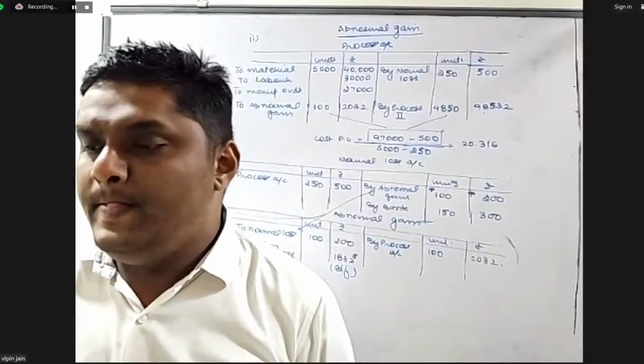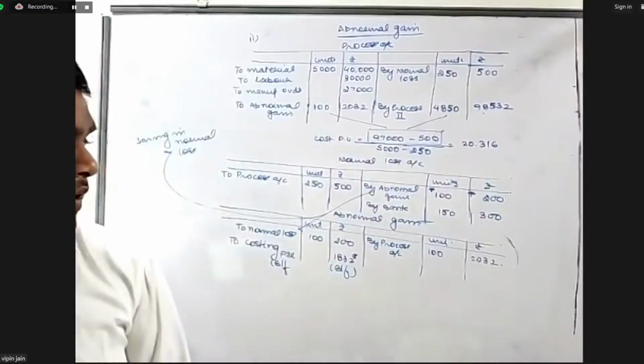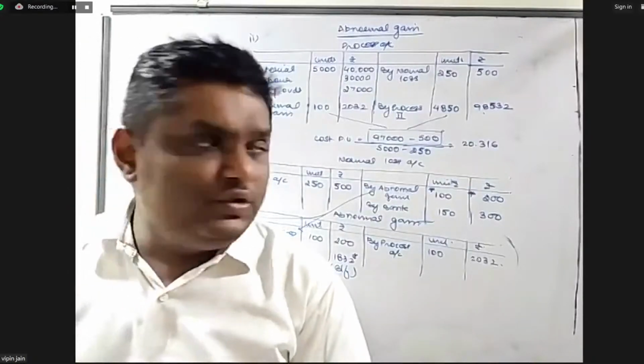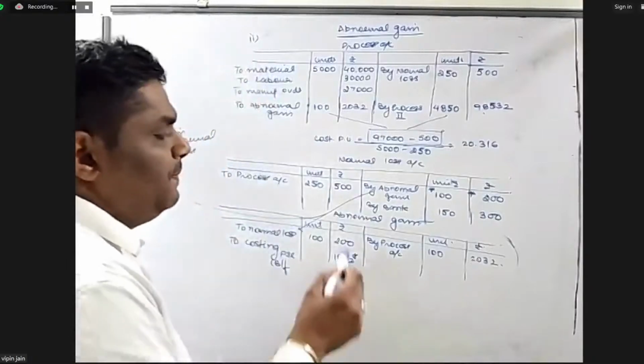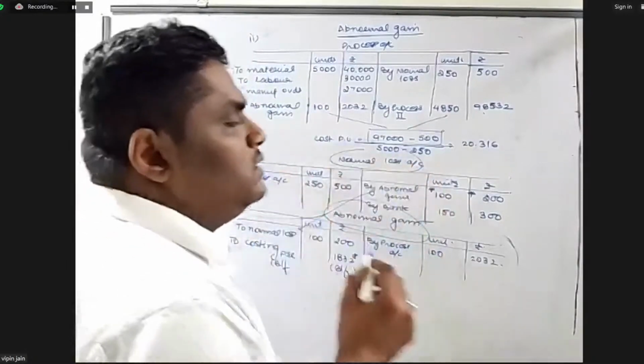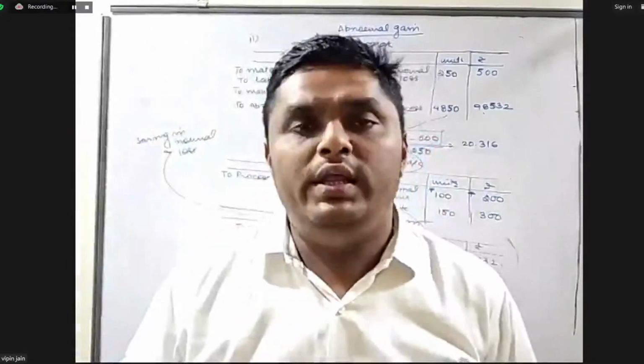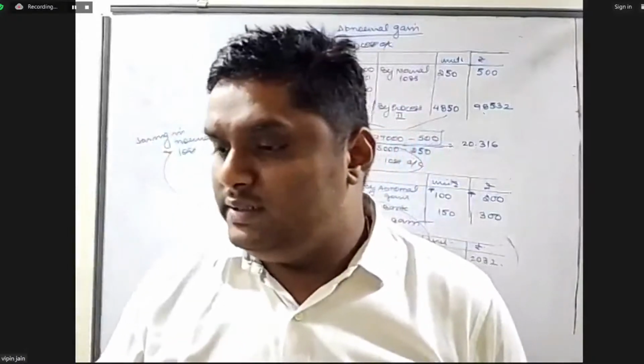Anmol, very important guys. Many students make mistakes in this part, this abnormal gain and normal loss account. So if you have any queries, please post your queries.